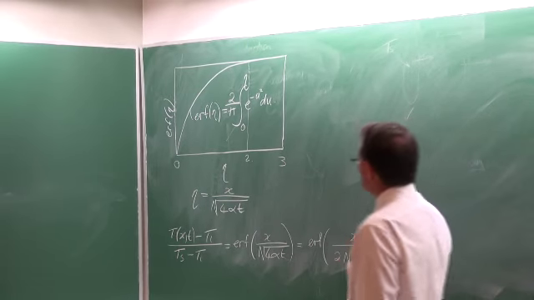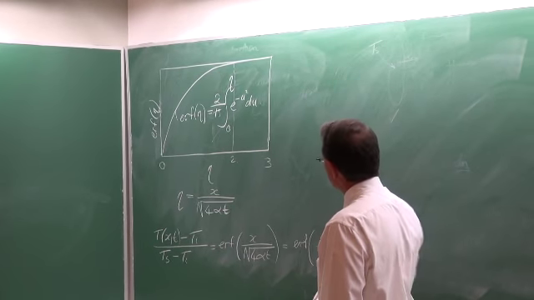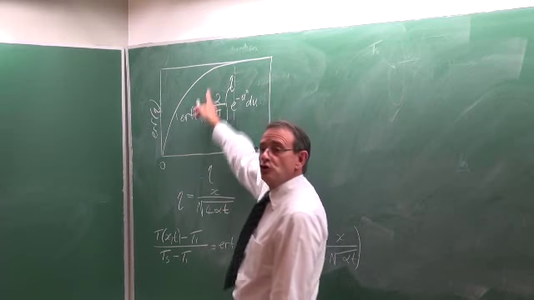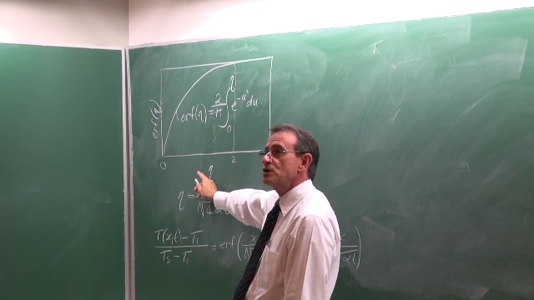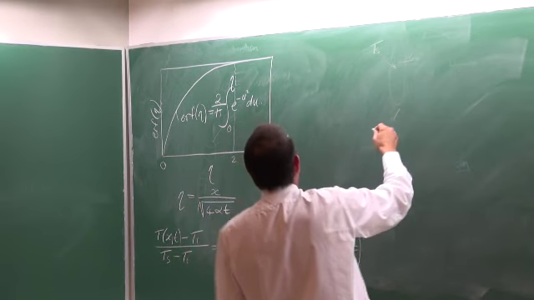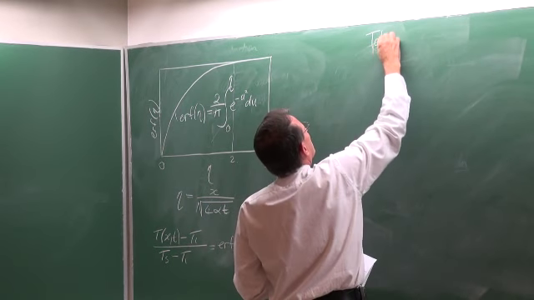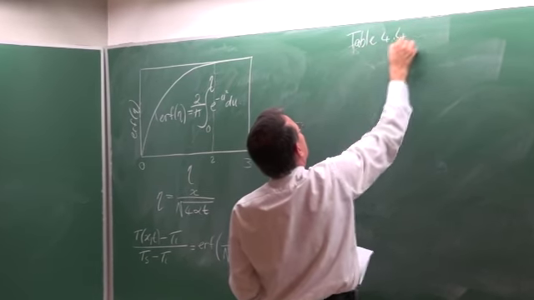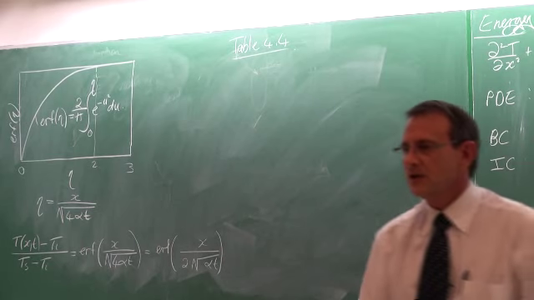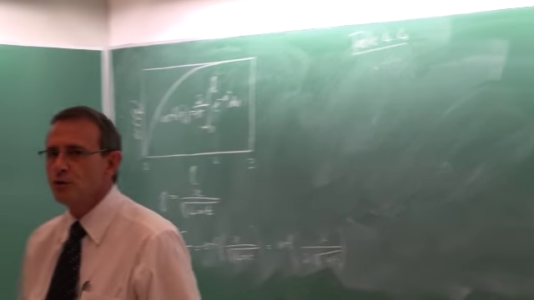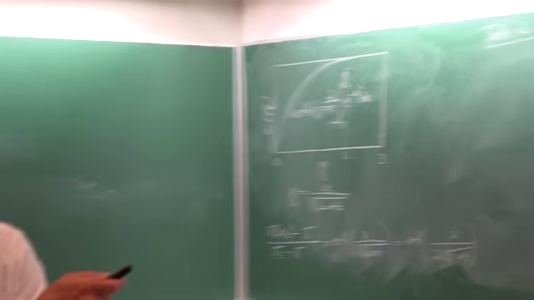Now these error functions, we don't need to use the graph. The use of the graph is not that accurate. In table 4.4, as you can see up there, the authors of the textbook, Cengel and Ghajar, gave you table 4.4.